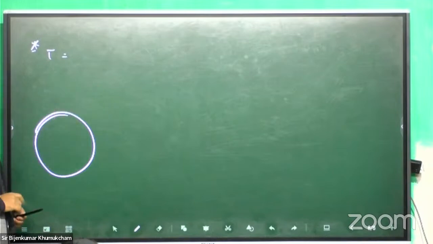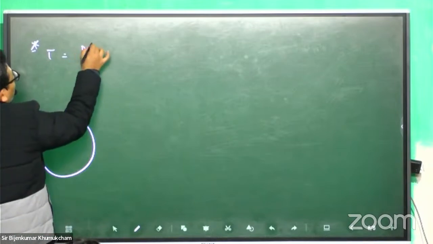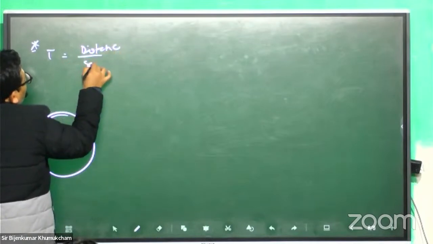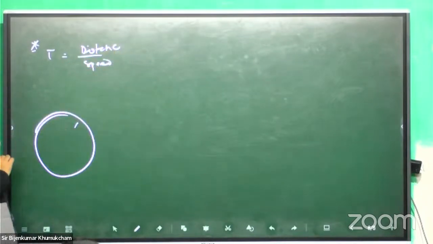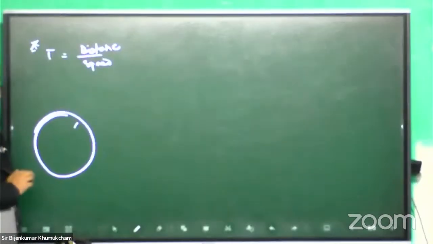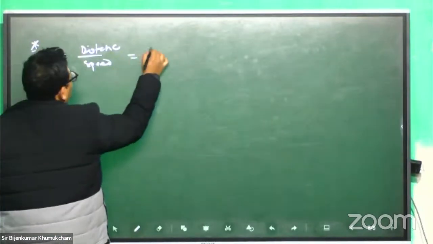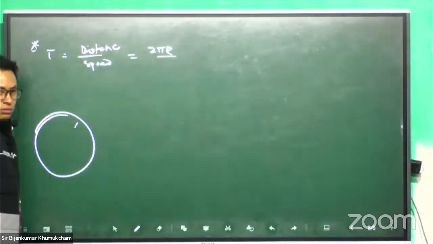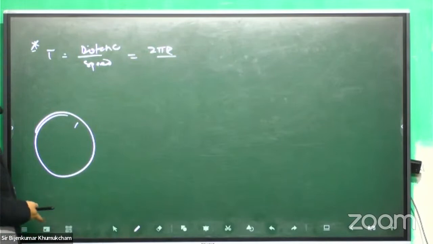Time period is nothing but distance by speed. What is the distance in a circular orbit? The distance is the complete loop, the circumference. Speed is v.